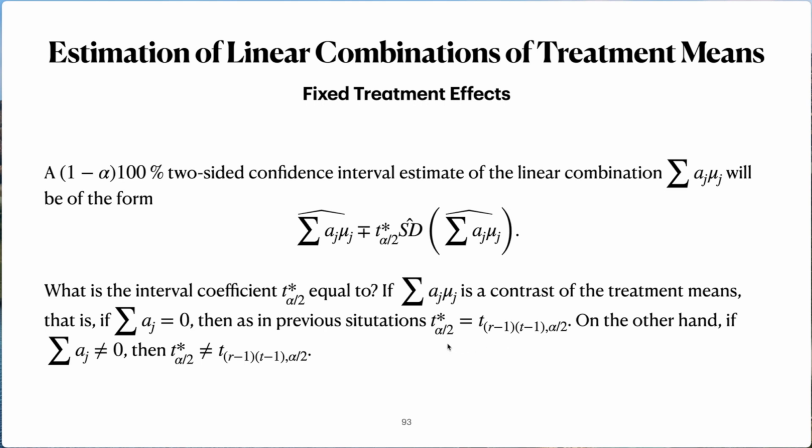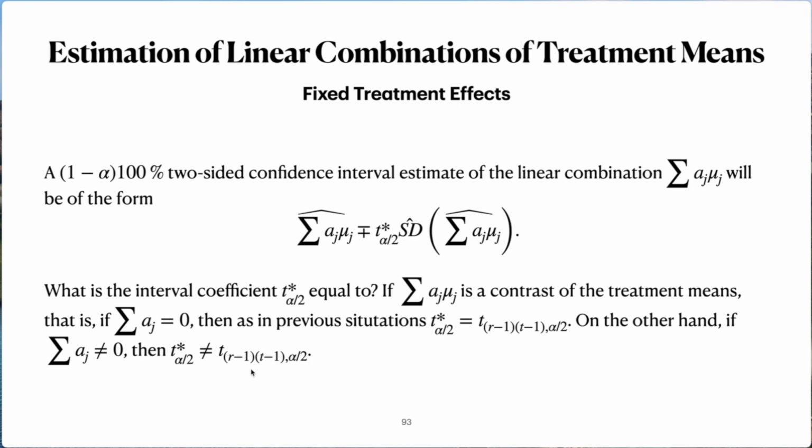So if we're dealing with a contrast, then the student's t distribution is the distribution for the interval coefficient. But if we're not dealing with a contrast, in other words, if the sum of the coefficients is not equal to 0, then the interval coefficient does not come from the t distribution with r minus 1 times t minus 1 degrees of freedom. It's got a different distribution.